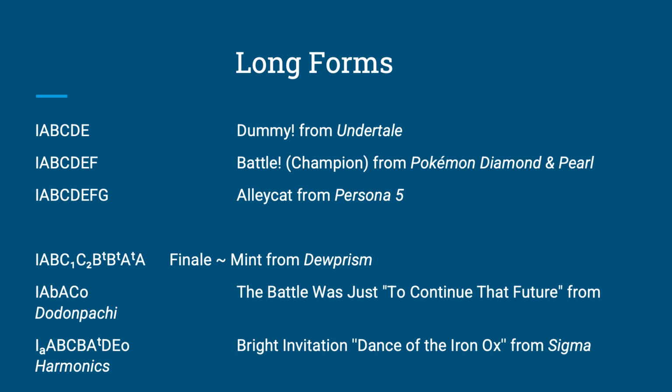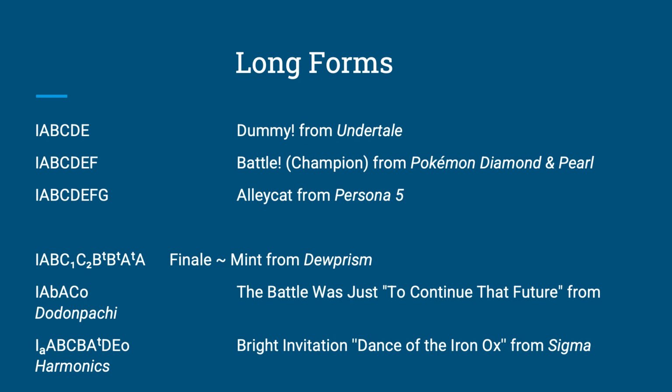And then the other long forms are things that are not strictly linear. The first three examples we've seen have strange orders that the composers were creative with. So here we have I, A, B, C1, C2, B transpose, A transpose, A, as with Finale Mint from Do Prism.